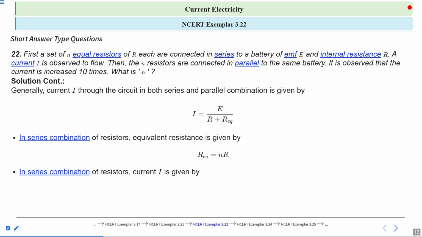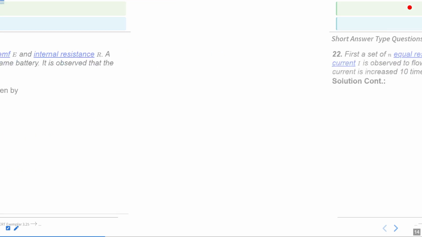So in the series combination, the current I is given by putting R equivalent in the formula: I equals capital E upon capital R plus NR. Take R common from the denominator and you get E upon R times (1 plus N). Mark it as the first equation.